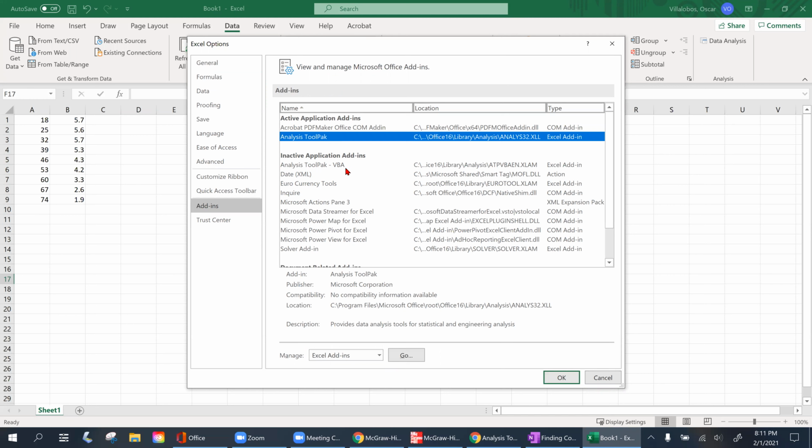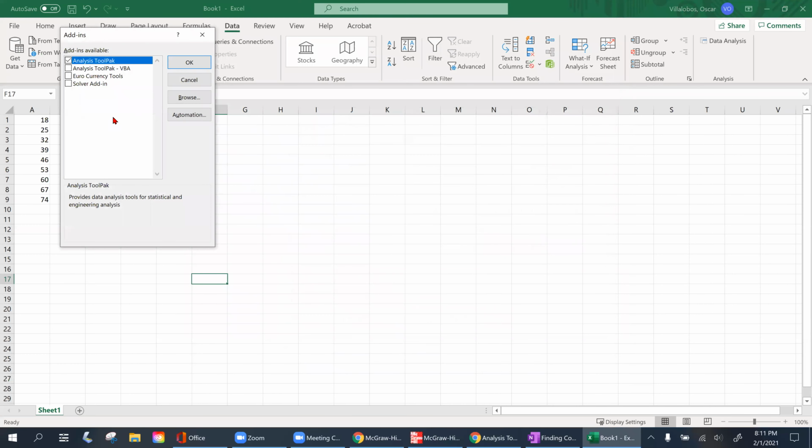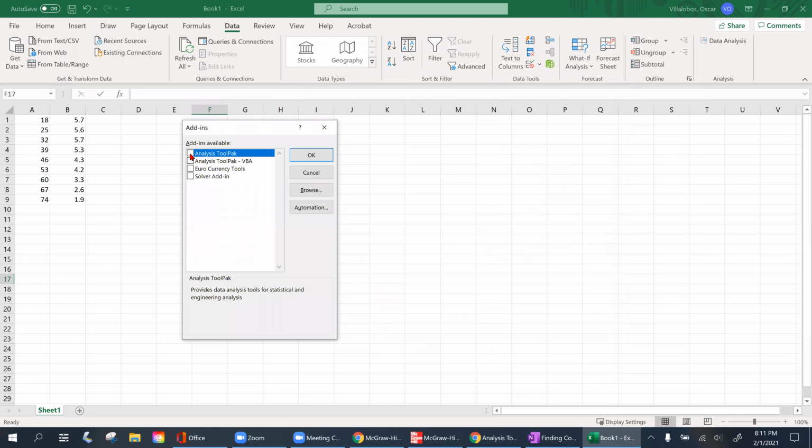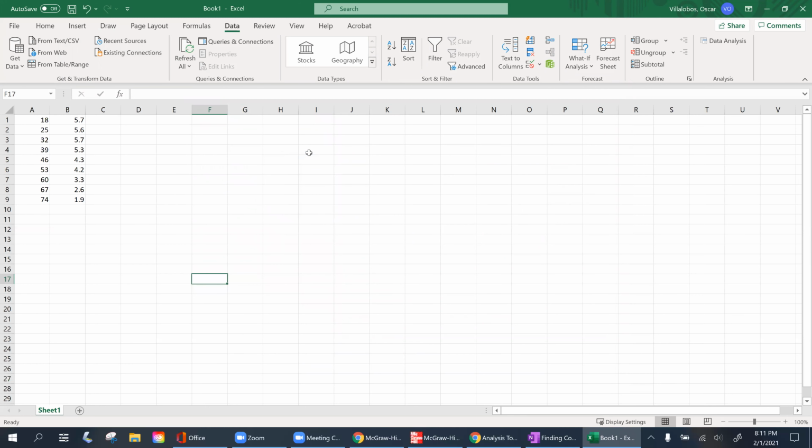It more than likely is going to be down here where it says inactive application add-ins. You're going to click on Analysis ToolPak, and you're going to click Go. You're going to see this table pop up, and you want Analysis ToolPak checked. You're going to click OK. It's going to do its magic.